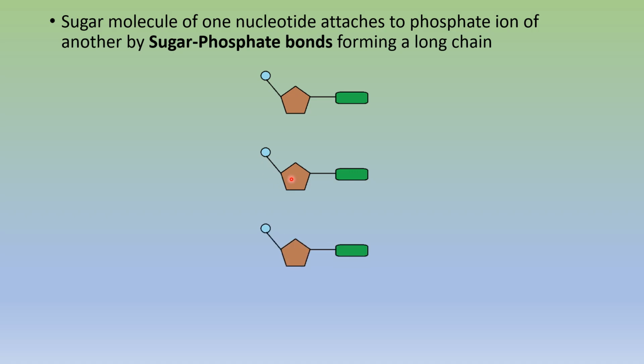And my sugar portion here is going to attach to my phosphate ion here. And it attached by these bonds called sugar phosphate bonds. So this is now creating my chain. And remember, this is only forming one strand. Another chain has to attach on this side, because my nitrogenous base is going to pair up with the other nitrogenous base over here to form the two strands.